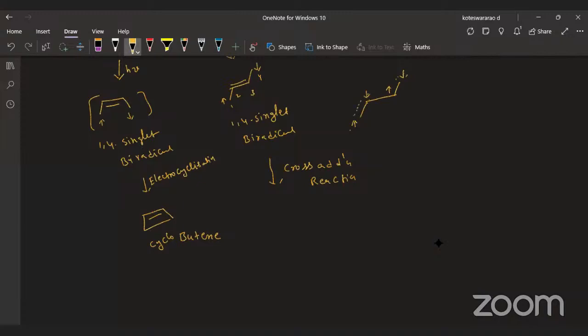That means the electron-containing molecular orbitals are overlapping each other. The 1,2 position molecular orbitals, each containing a single electron, combine and can produce the pi bond.